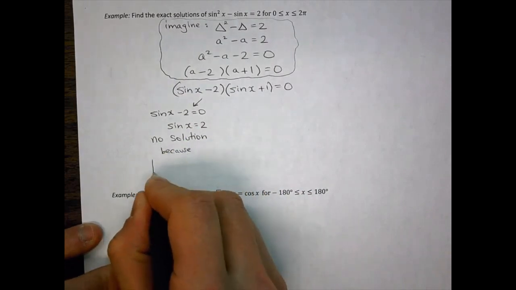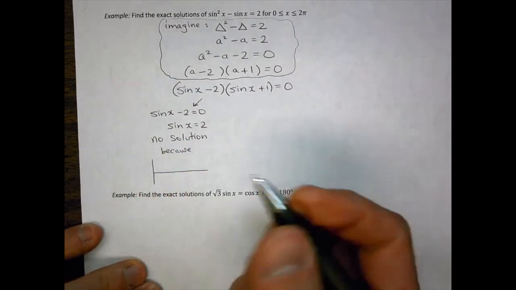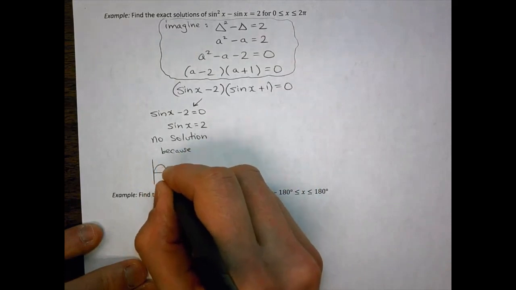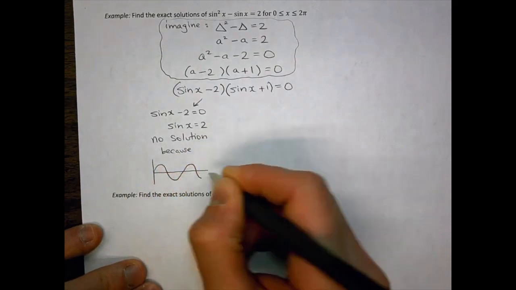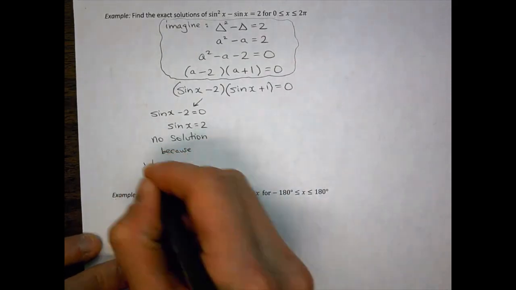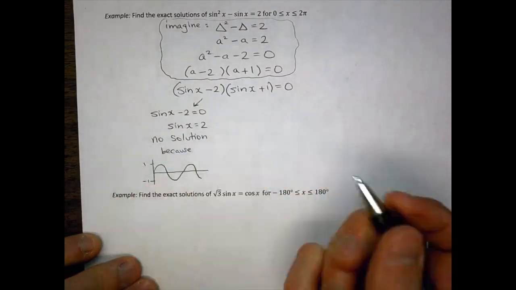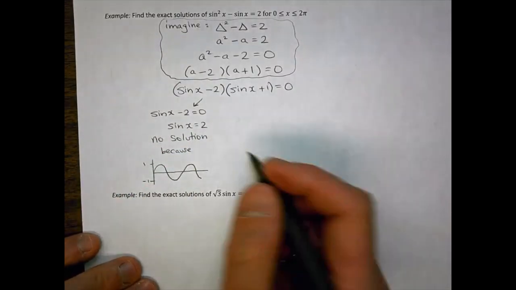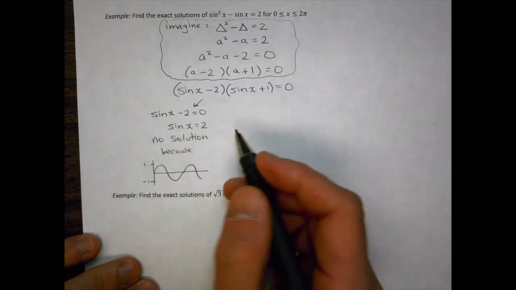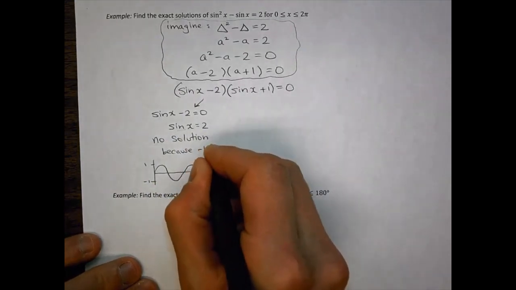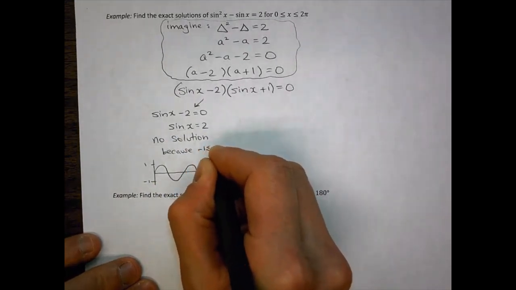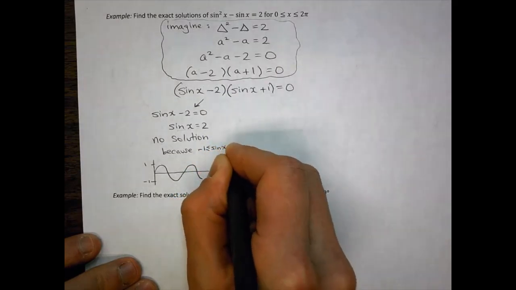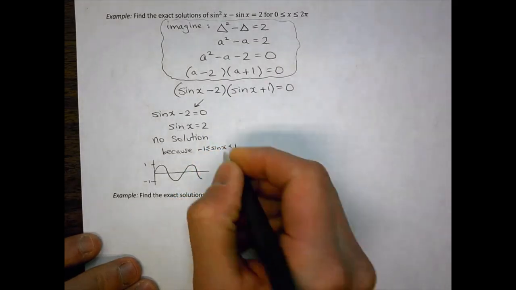If you think about the sine wave, we're going to get into graphing sine later, but you probably remember from a previous course, the sine curve, which goes up and down like that, it oscillates between positive 1 and negative 1. It never exceeds 1. So to have a sine of anything be 2 is impossible. So there we go. Sine x is between positive and negative 1.